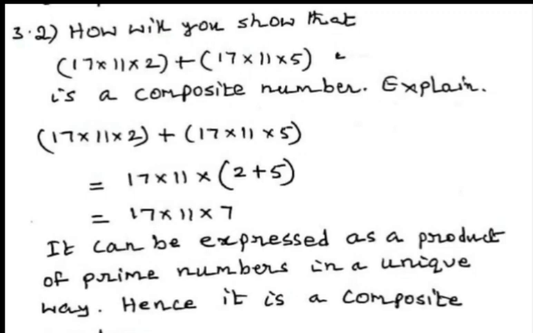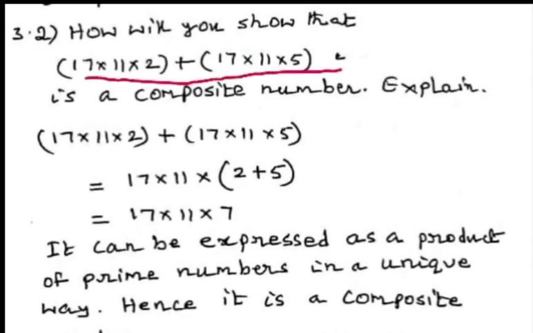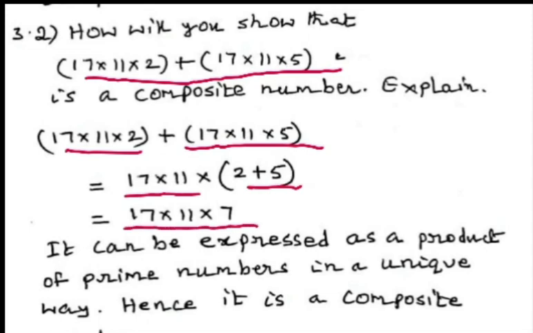Now we consider another problem. How will you say that this number is a composite number, and explain? From these two numbers we take 7 multiplied by 11 as a common factor, and we get 2 plus 5. Again, 2 plus 5 is 7.